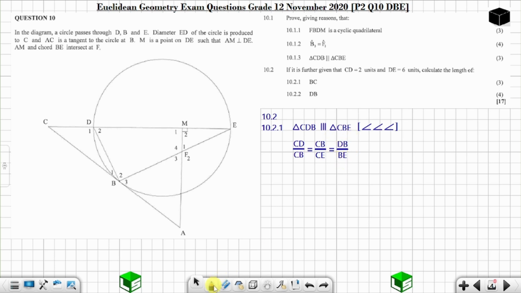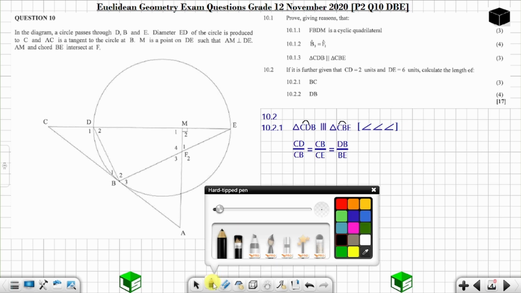Let me show you how to write it. You take the first and second letter in this triangle over the first and second letter in the other triangle, CD over CB.